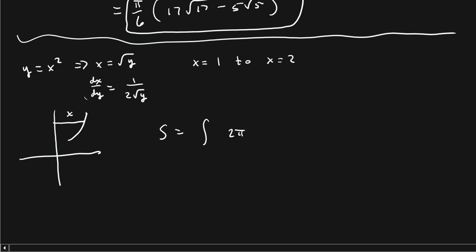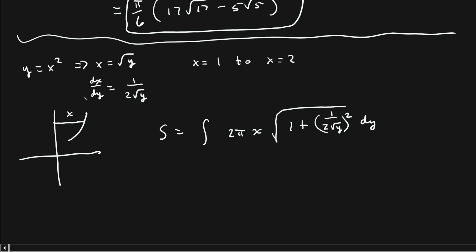So our radius is x, right? Okay, our radius is x times the square root of 1 plus 1 over 2 square root of y, squared, dy.